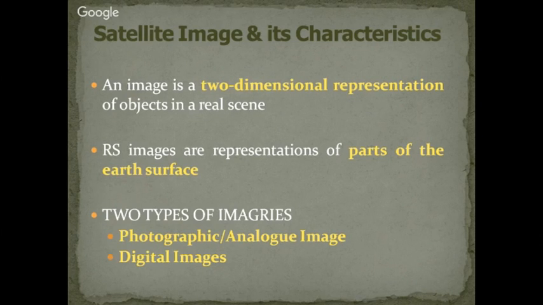And depending upon how these satellite images are acquired, we usually divide them into two different types. One is known as the photographic or analog image. Another are the digital images. But in today's lecture, we will focus on just the digital images.